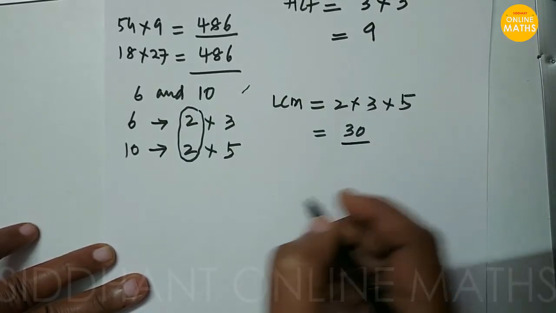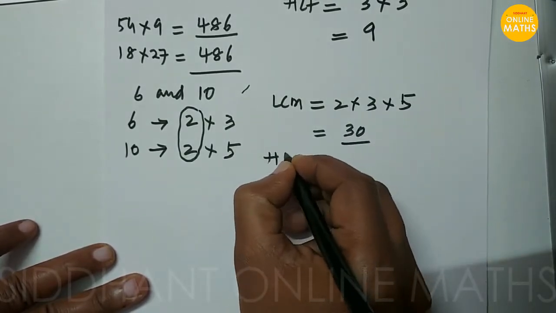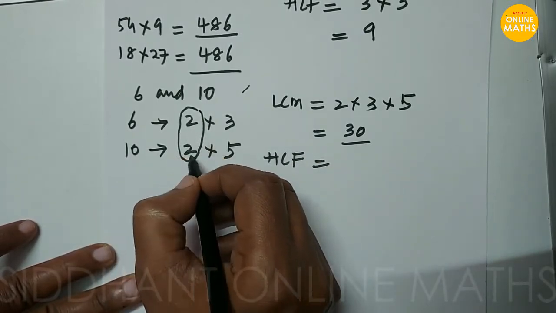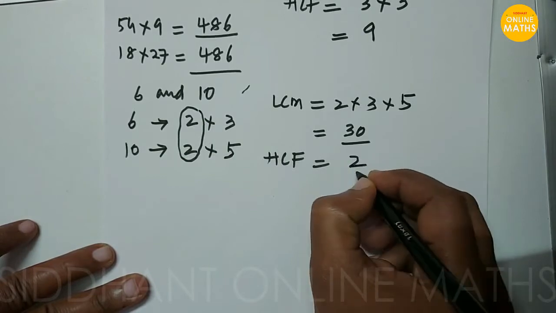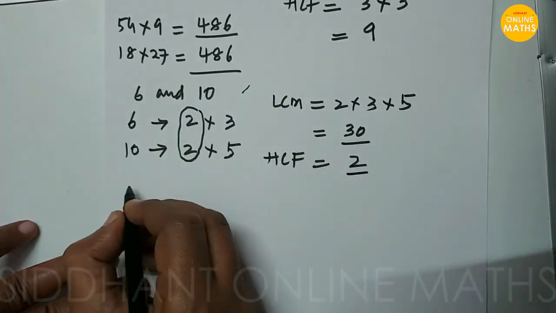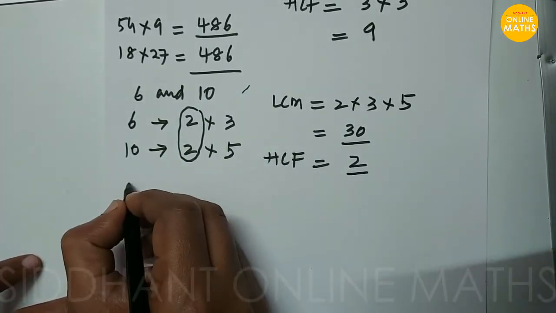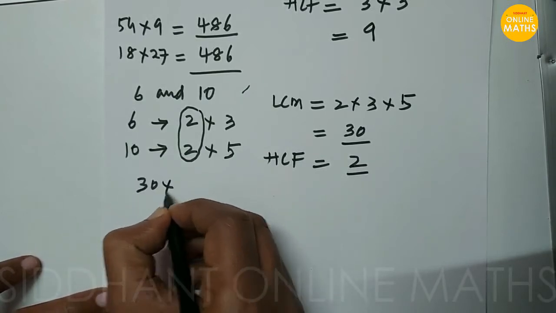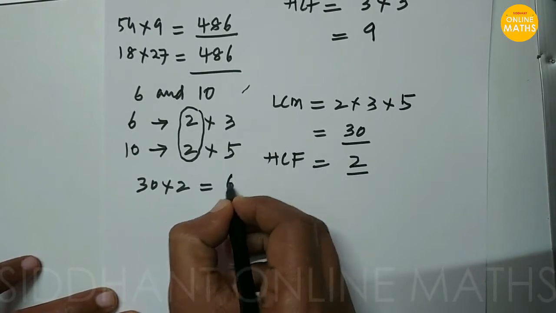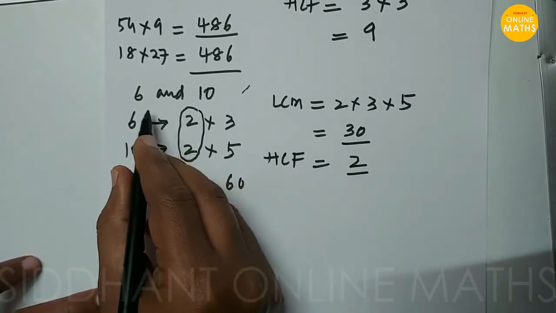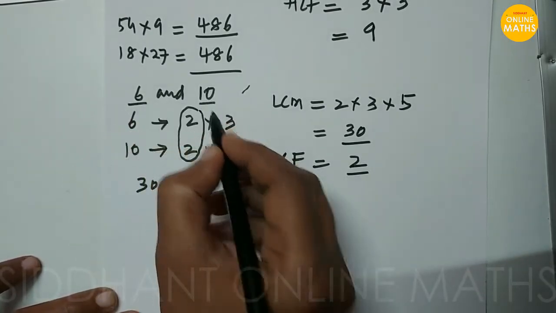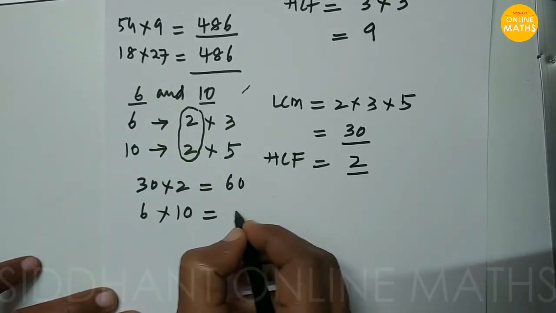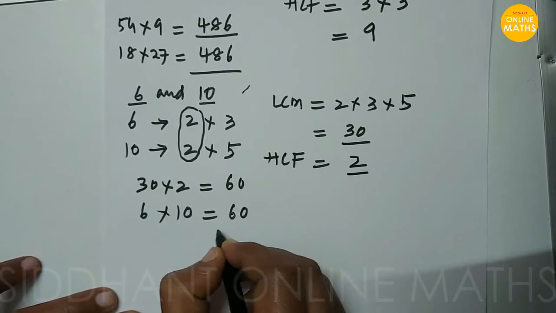And coming to the HCF, we take only the common factors, that is 2 here. Now let's check the product of LCM and HCF, that is 30 into 2, which is equal to 60. And the product of the given numbers, that is 6 into 10, is also equal to 60.